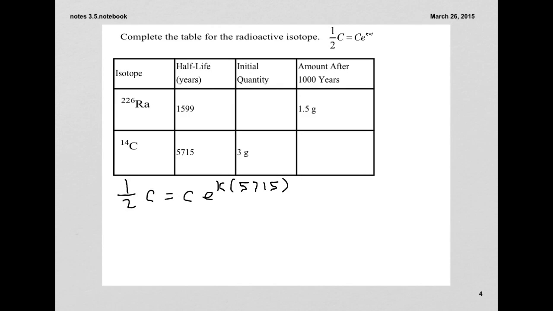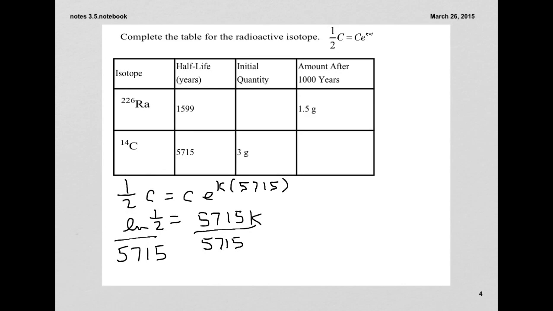So we're going to have ln of 1/2 equals 5,715k. Well, we divide both sides by 5,715, and we get k equals ln of 1/2 over 5715. Now we want to leave it in that form, so when we plug into our equation, we'll get our answer.